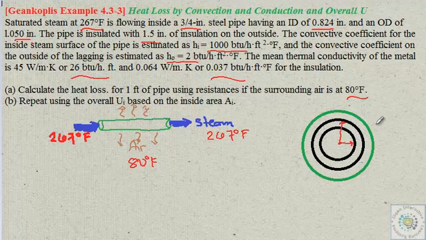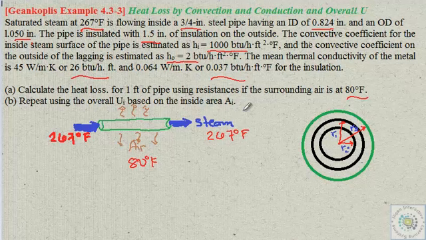Since we have a lagging, meaning an insulation, this is the outer diameter of the insulation. We can label the internal radius as R1, the outer radius of the steel pipe as R2, and R3 as the external radius of our lagging.